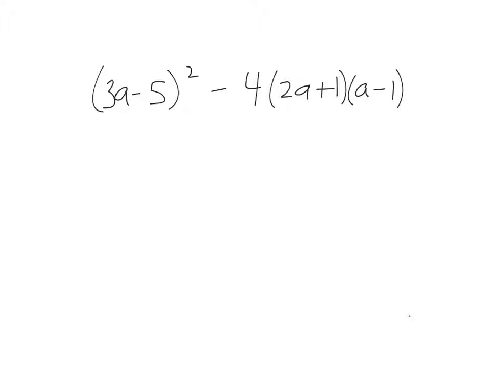So watch me do it. I suggest writing this down. This is definitely going to be something you have to do, and it's a little bit long. First of all, when you see something like 3a minus 5 squared, what does that mean? What does squared mean? Multiplied by itself. What I see all the way up until grade 12, even my calculus students, I just corrected a calculus student on Thursday for doing this. They see 3a minus 5 squared, and they write 9a squared minus 25. And they just write that.